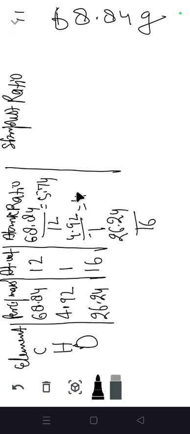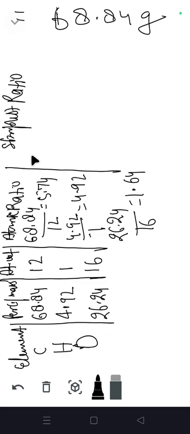It is 4.92, no change. It is 1.64. So gram atoms of carbon are 5.74. For hydrogen they are 4.92, while for oxygen it is 1.64.